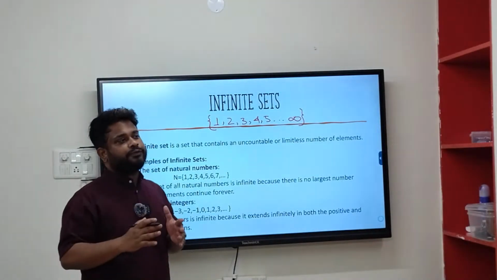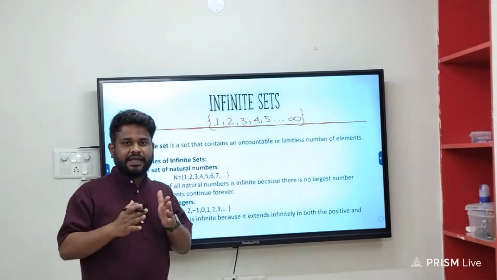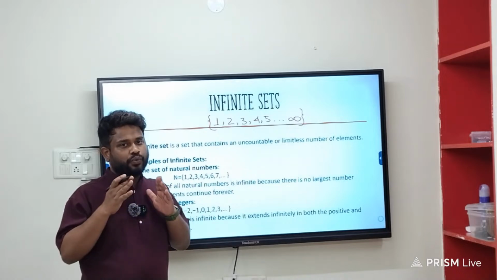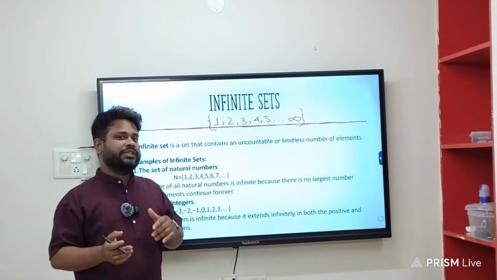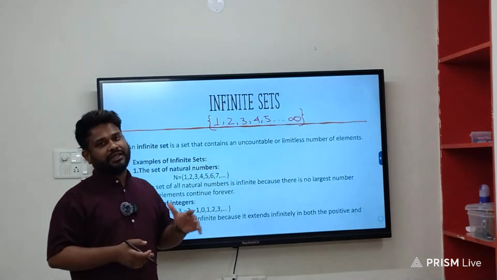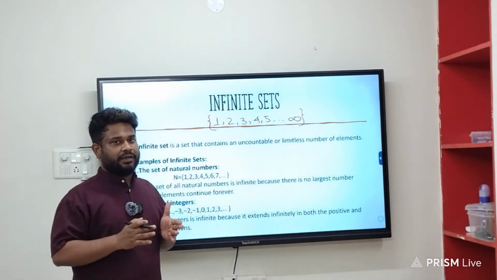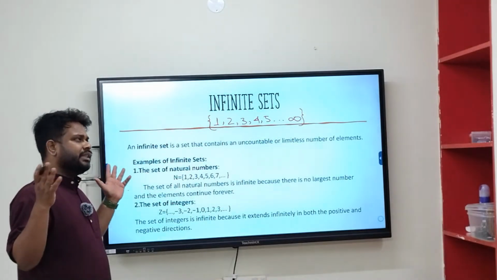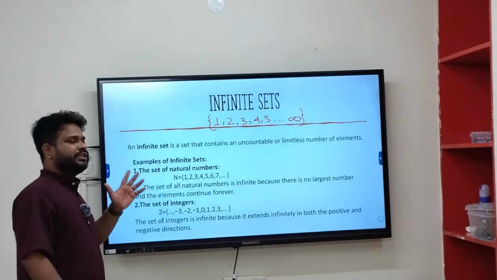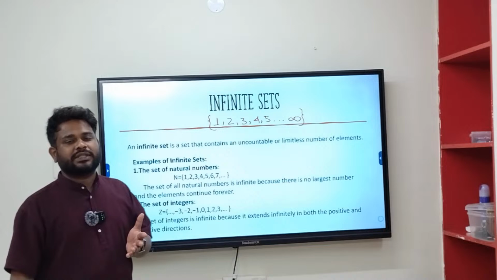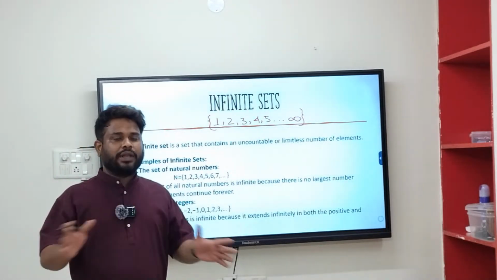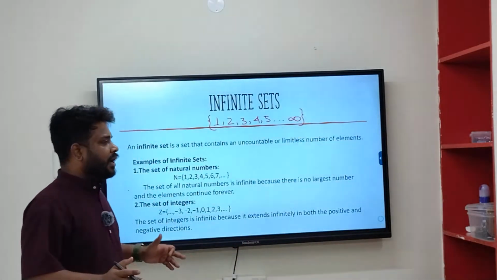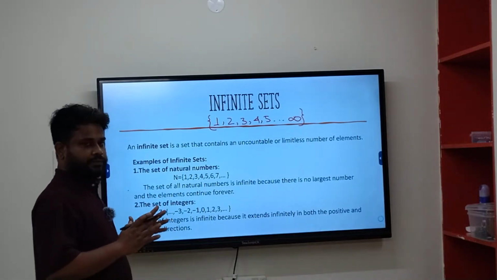So the set of rational numbers between any two rational numbers is infinite. There are so many things in this universe which are infinite in a natural way. They all can be called infinite sets.